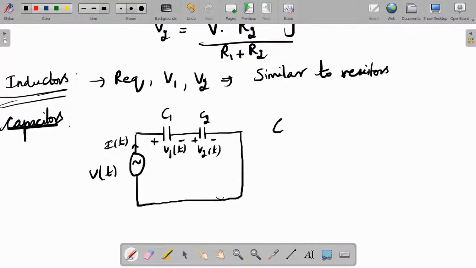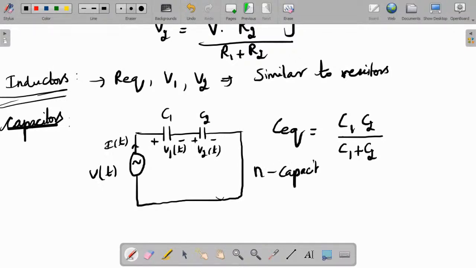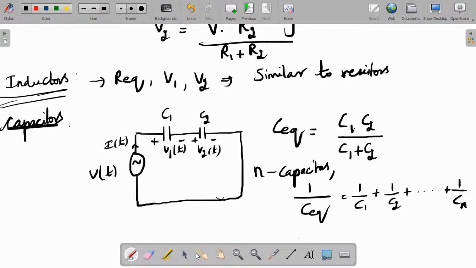We know that for a series connection, C equivalent is nothing but C1 C2 divided by C1 plus C2. If you have n number of capacitors, then 1 by C equivalent is equal to 1 by C1 plus 1 by C2 plus etc. up to 1 by Cn. I hope you all know this. I am just quickly brushing up.